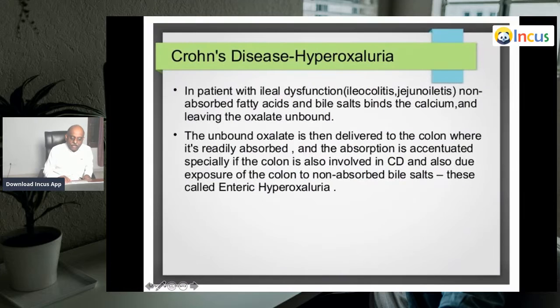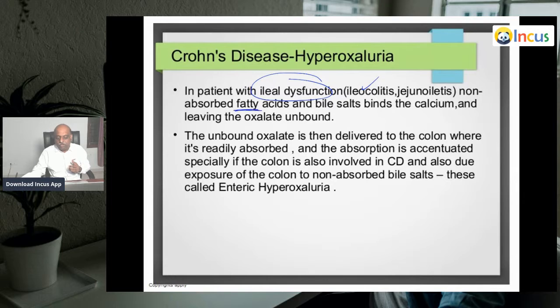Now, doctor, why do Crohn's disease patients develop oxalate renal stones? Why do they form? In Crohn's there is ileal dysfunction because of ileocolitis. The ileum is the place where fatty acids and bile salts are absorbed.